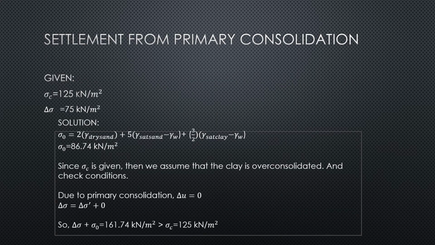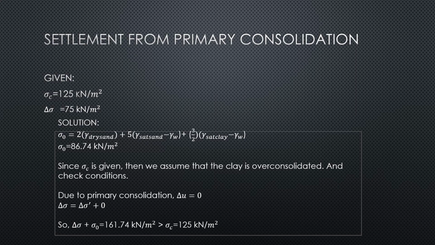In order to solve the problem, we must first identify the givens. The pre-consolidation stress is given as 125 kilonewton per square meter, and the applied load, or the total stress, is equal to 75 kilonewton per square meter. So the problem here is that we don't know what formula we are going to use. In our previous discussion, there are three formulas for normally consolidated and over-consolidated clay. In over-consolidated clay, there are two conditions.